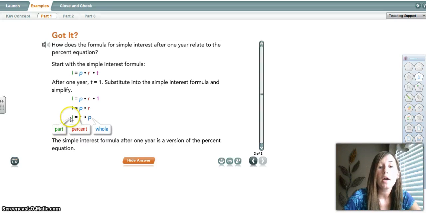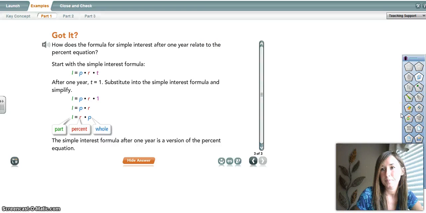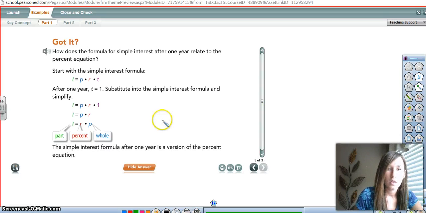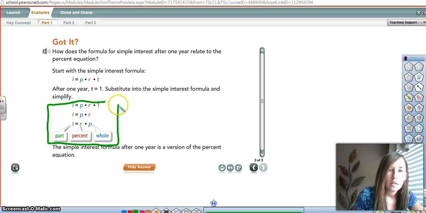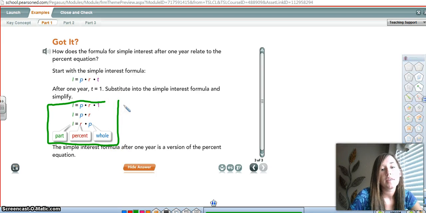Interest is a part of your money, and the principal is the whole or the original total that you begin with. So this is kind of our important information. The R is like the percent, the interest is the part, and the principal is the whole.